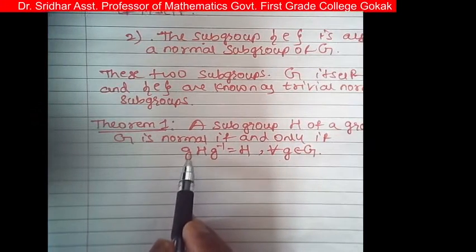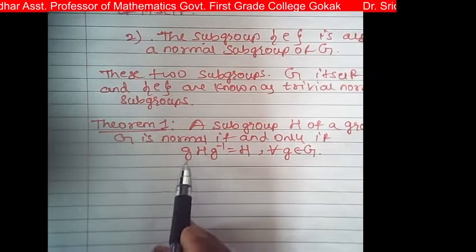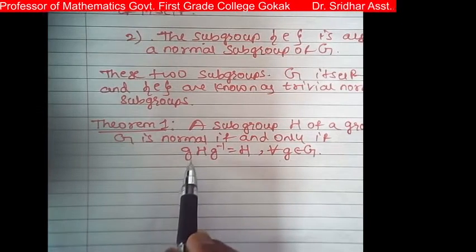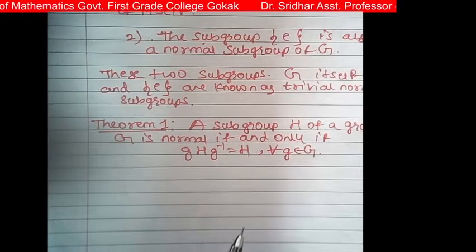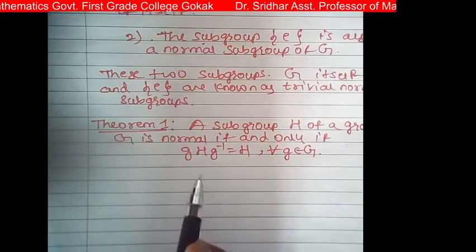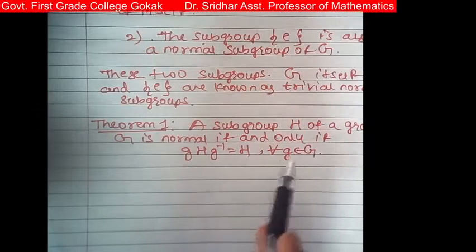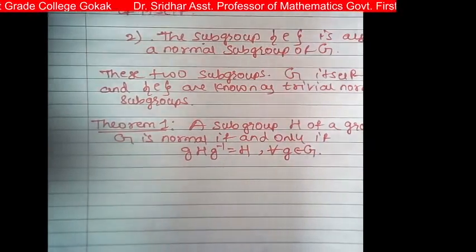Here GHG inverse is nothing but a set containing the elements of the form GHG inverse. If that set is equal to H, then we say that a subgroup H of a group G is normal.